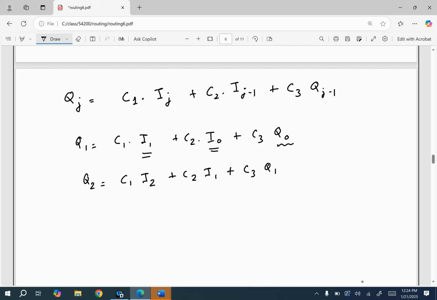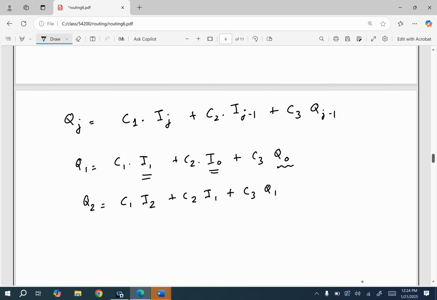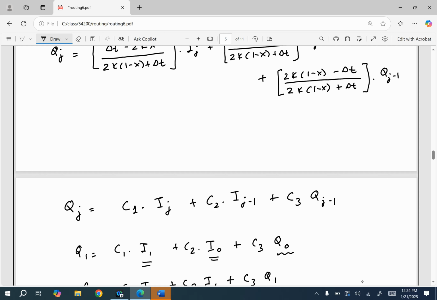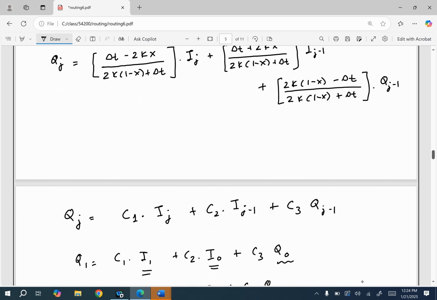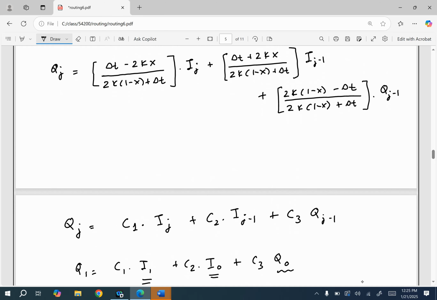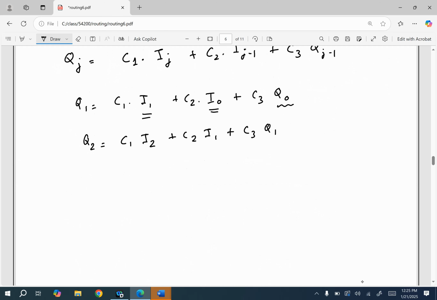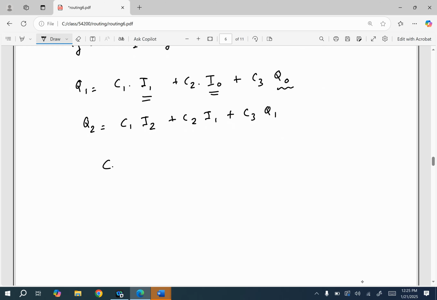So this will be similar to what we did for linear reservoir, where the coefficients C1 plus C2 is equal to 1. So in this case, if we add C1, C2, C3, we end up with C1 plus C2 plus C3 equal to 1.